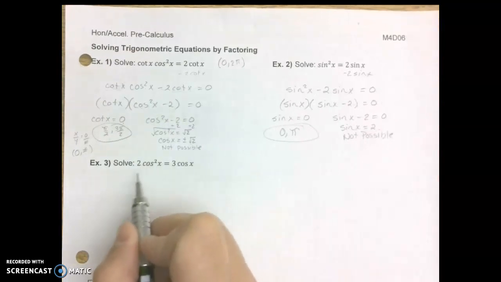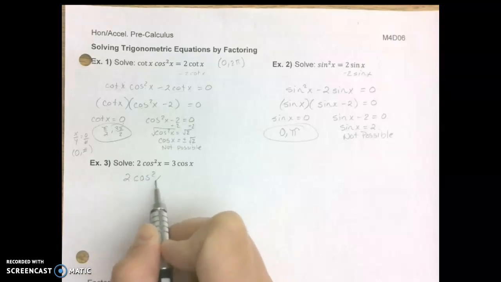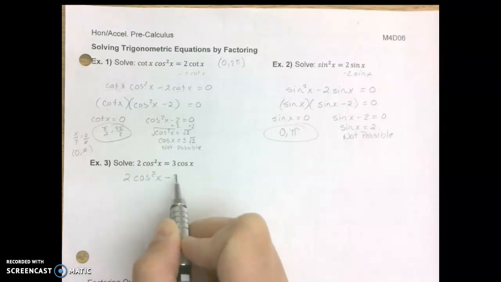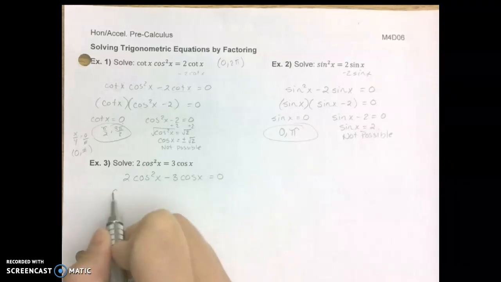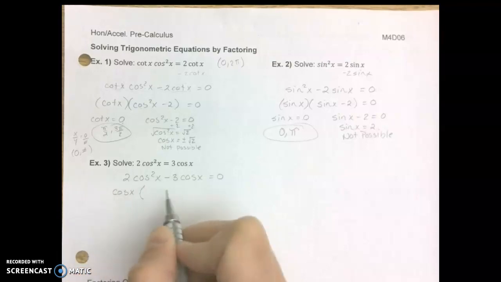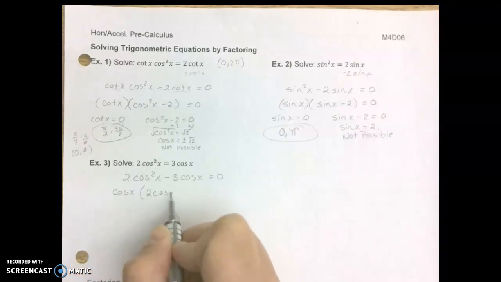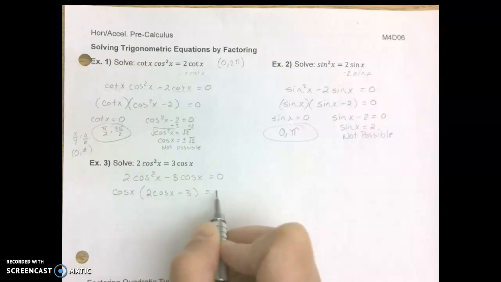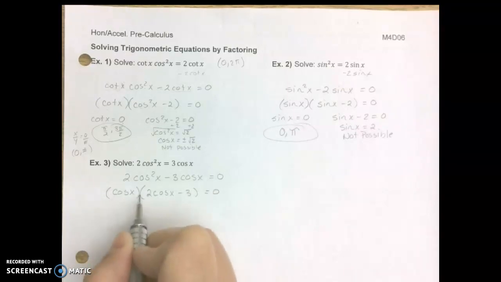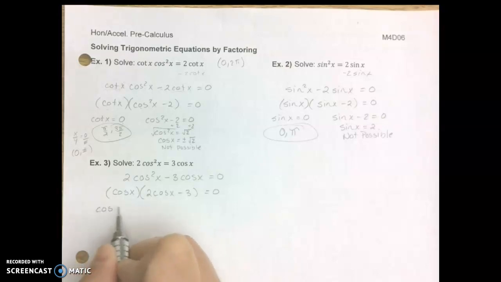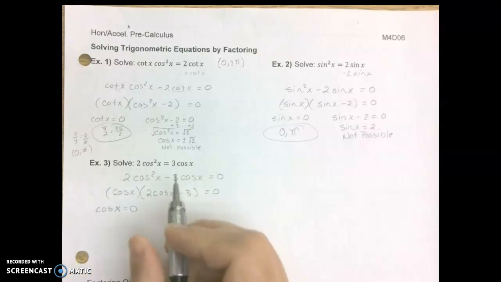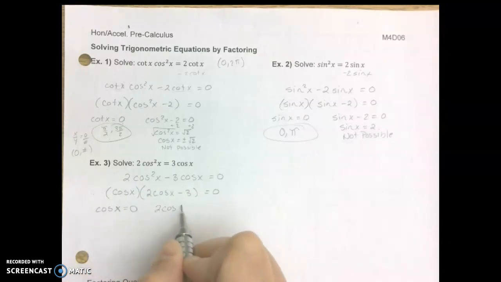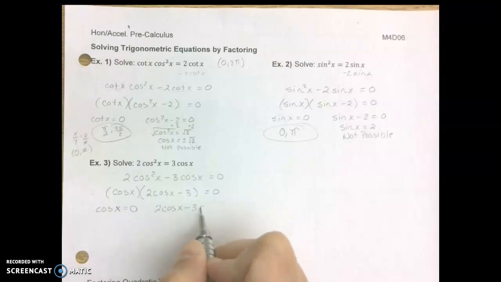Okay, the next one here, I'm going to bring everything to one side, so I have 2 cosine squared x minus 3 cosine x equals 0. I'm going to factor out a cosine of x, and that leaves me with 2 cosine x minus 3 equal to 0. Again, I set each factor equal to 0. I have cosine of x is equal to 0. Then I have 2 cosine of x minus 3 equals 0.